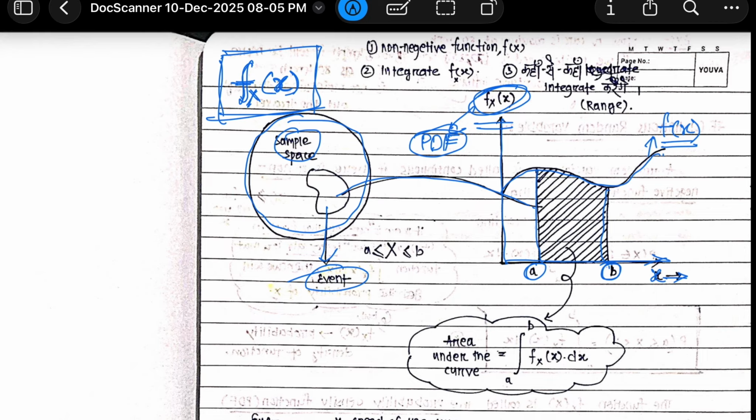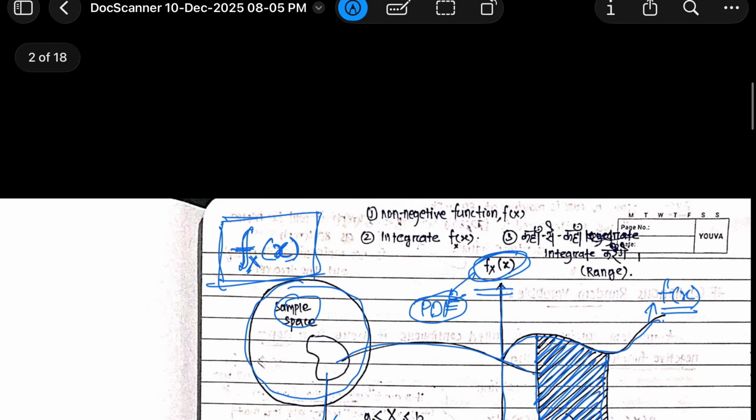You just need to know the area in between. So you will integrate from a to b, f of x dx, then you will get the area under that curve. You must be learning this in your class 12, area under the curve. That is the application of integration.